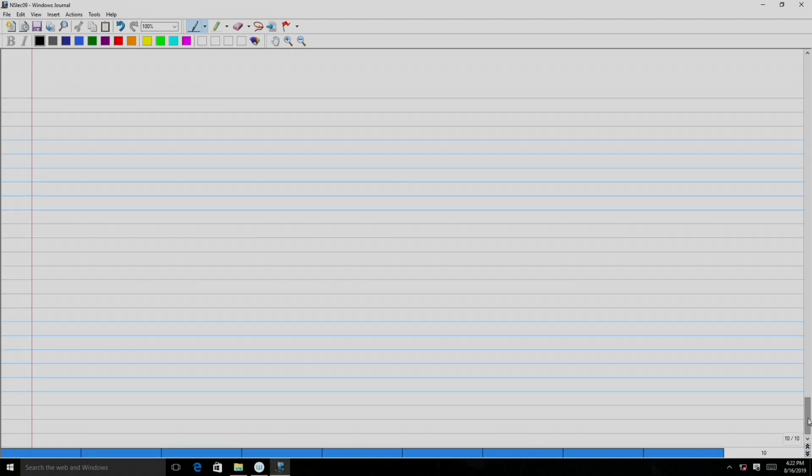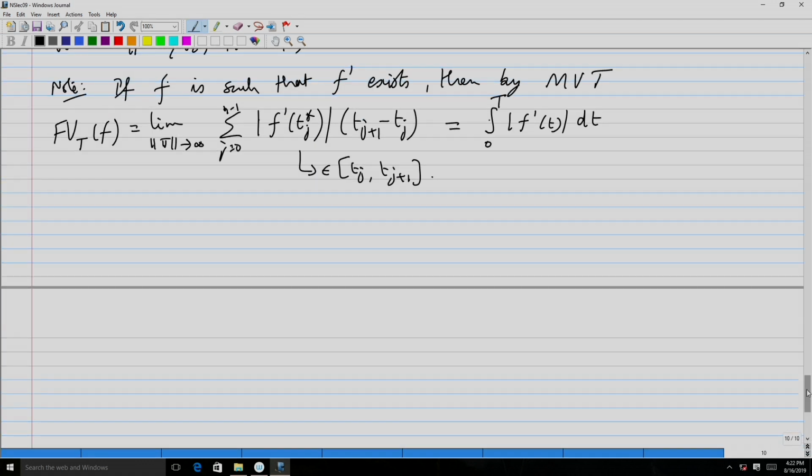Okay. Now, this is the first order variation, and similar to that you can also define what we call the quadratic variation. Okay, let me go to the next page itself.